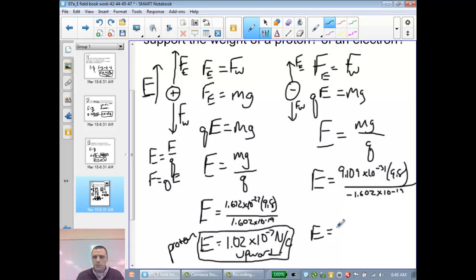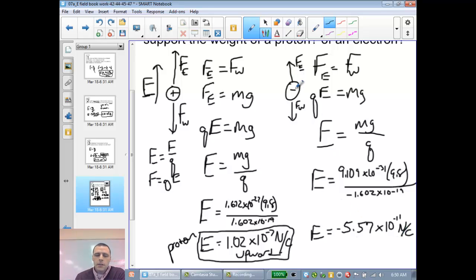Calculating, divided by 1.6, that one is negative 5.57 times 10 to the negative 11 newtons per coulomb.